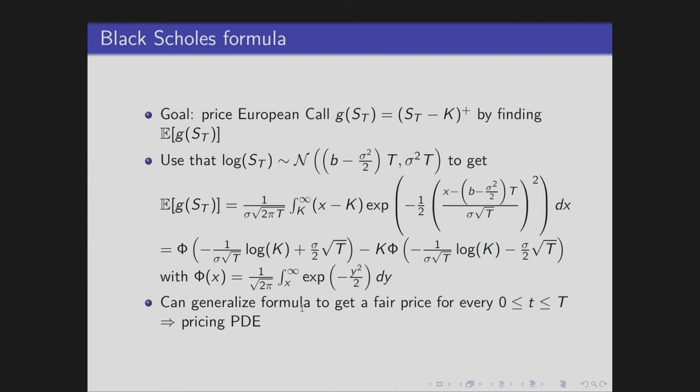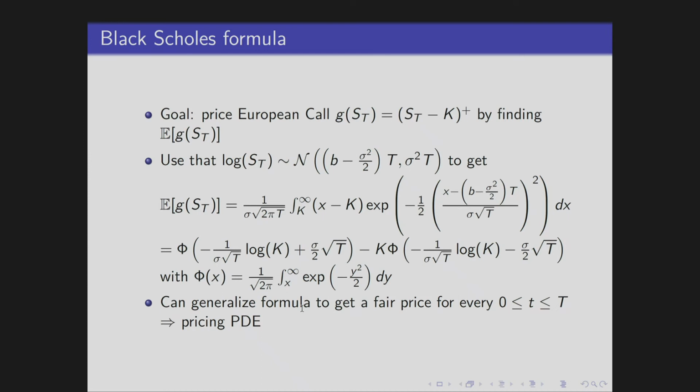And what we then do is simply, this is also something you've probably already seen in a lecture, we integrate over the density function, which is simply the normal Gaussian density function, from K until infinity. The reason is if the stock value is under K, then the payoff is simply 0, so we don't have to integrate over it. We're only interested from K to infinity.